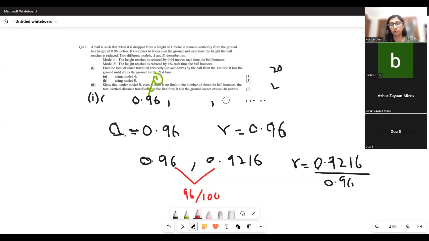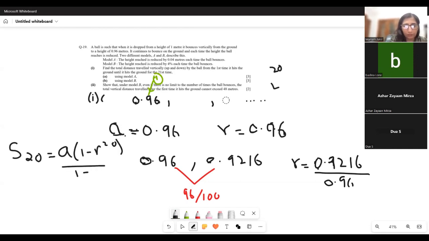So that's R. ठीक है, use any one of these methods to find R. अच्छा, अब R आ गया तो अब हम sum 20 find कर लेते हैं, फिर इसको into 2 कर लेते हैं. तो GP में sum 20 would be A 1 minus R 20 upon 1 minus R.